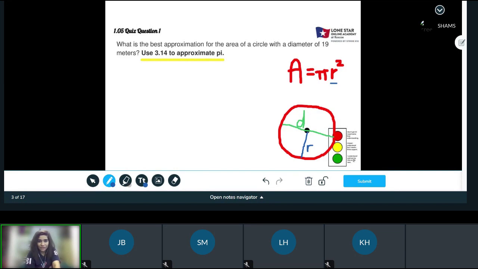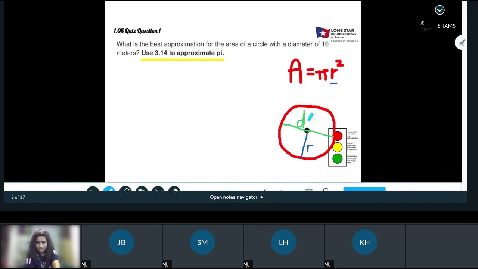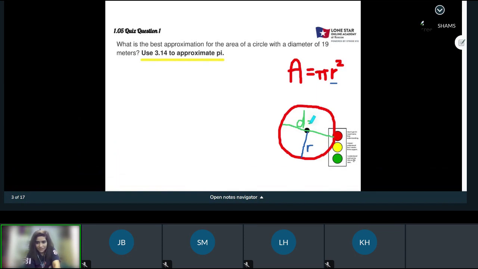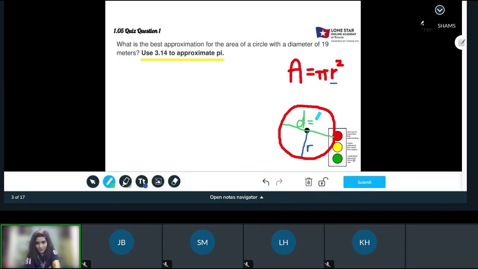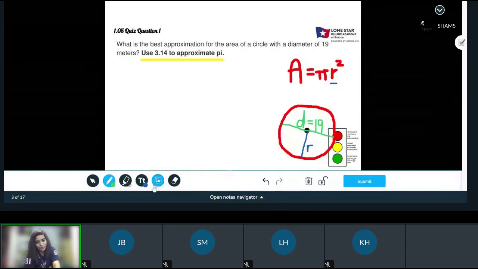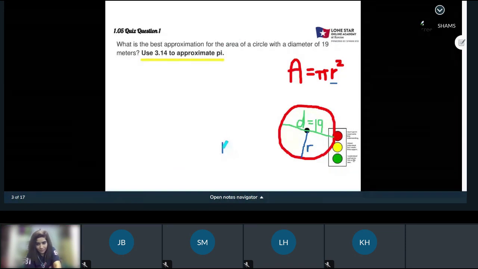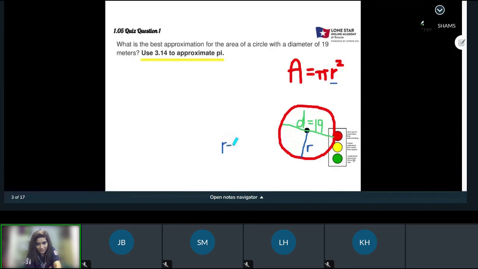So what Jennifer is trying to show us in this question is that the diameter is 19. To find the radius, I see on Jennifer's slide, she divided 19 by 2 and she got the radius.